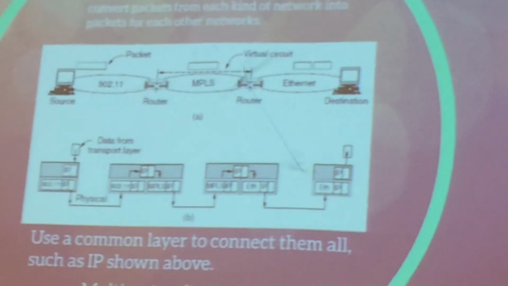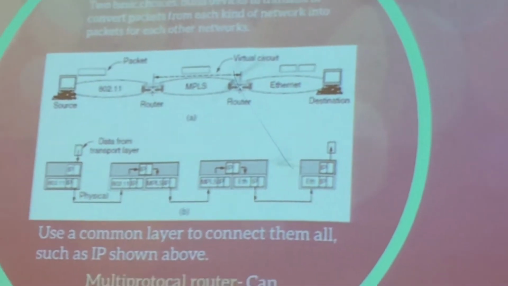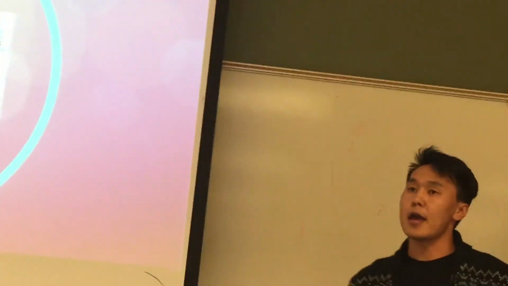So IP provides a universal packet format that all routers recognize, and send and receive packets. The IP protocol works on different networks, for example, telephone networks or sensor networks, or even smaller networks which can also understand IP.